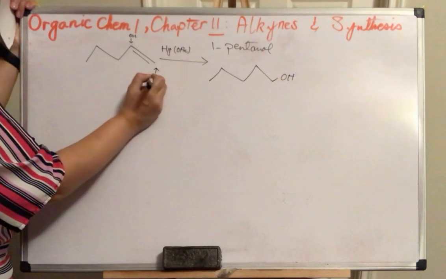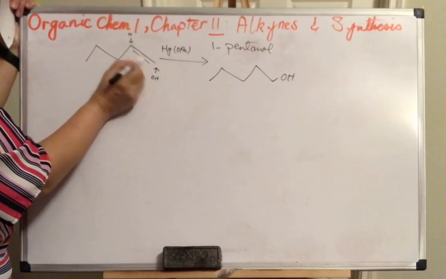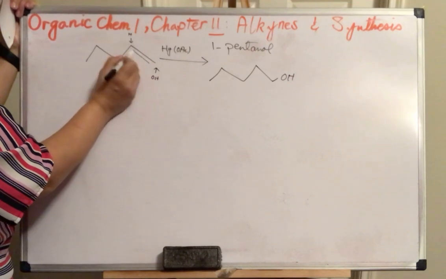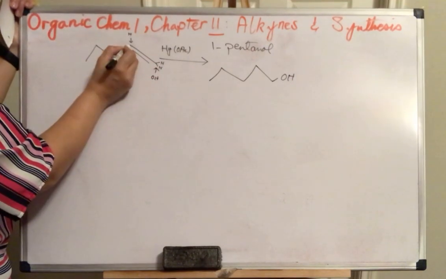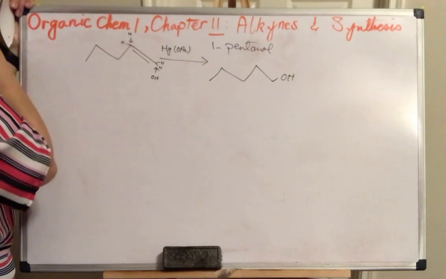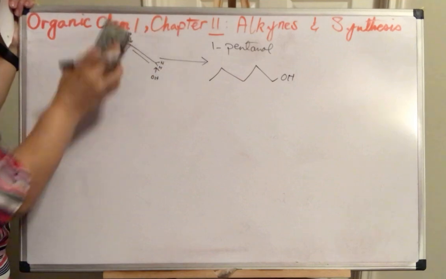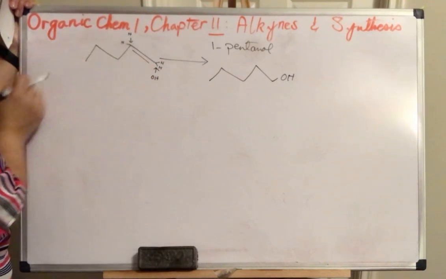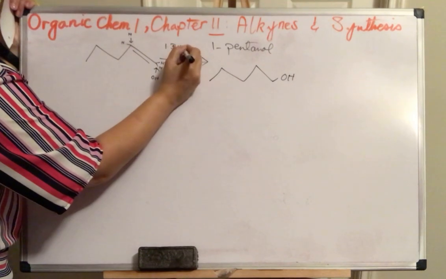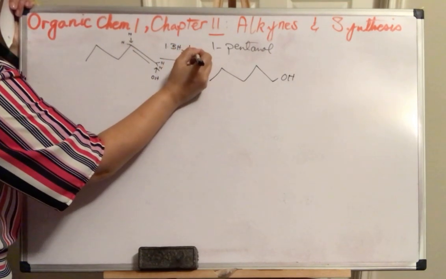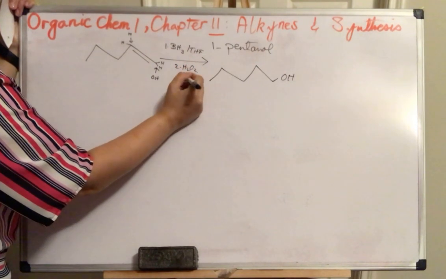You need to have OH here and H here. But which one is more hydrogen rich? This one has 2 hydrogens and this one has 1 hydrogen already, right? So it should be a non-Markovnikov reaction to add OH to a hydrogen-poor carbon. Which one was non-Markovnikov? BH3 in THF, and H2O2 and OH-.